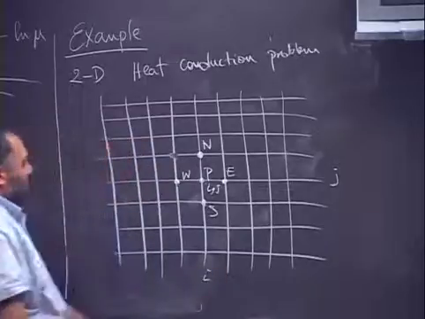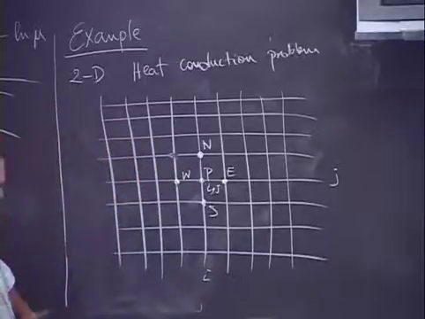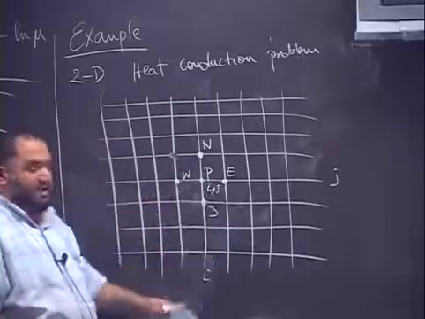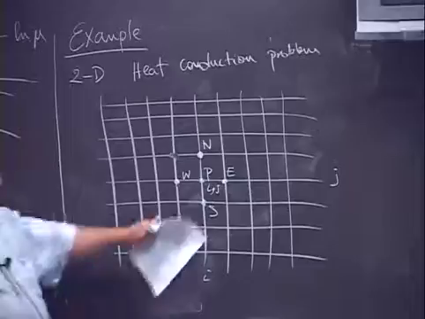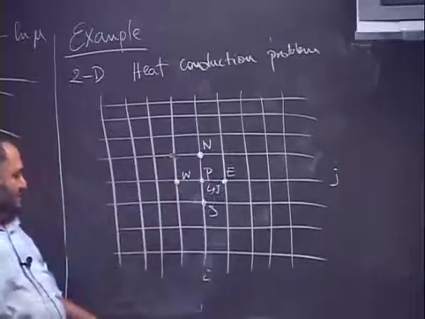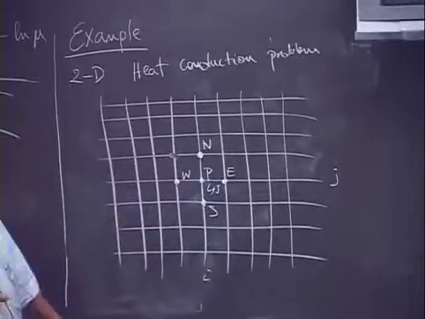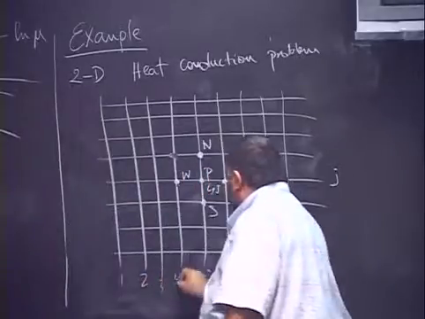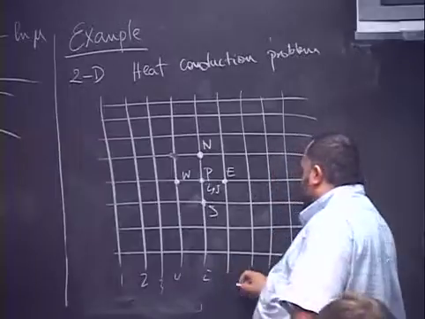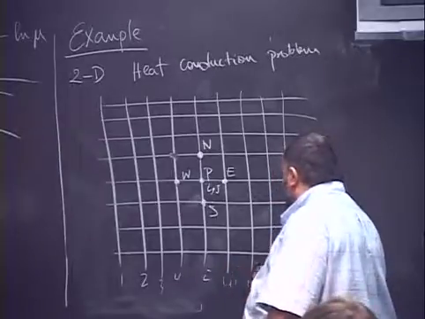So this is just a two-dimensional mesh, and you have the central point P, and the four nearest points to the central point will be east, west, north, and south. You can start the naming, for example, 1, 2, 3, 4, up to I, and then I plus 1, I plus 2, up to here.